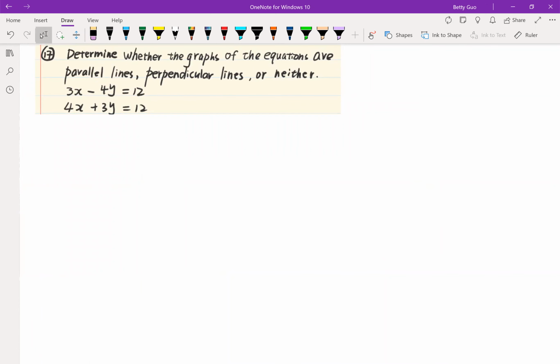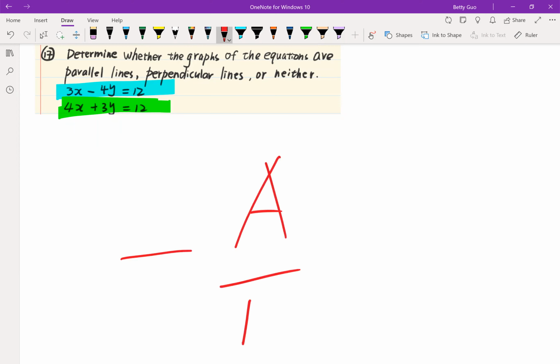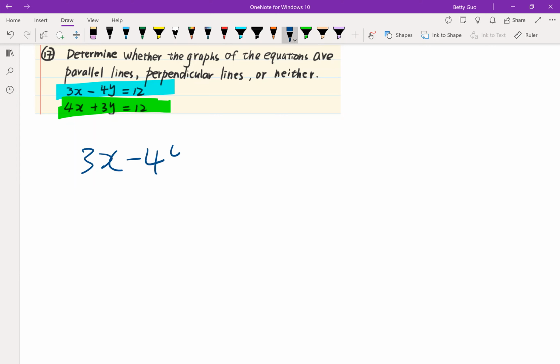Let's look at 17. We have 2 straight lines, blue and green. Are they both in standard form? Remember, if the equation is in standard form, we can use this formula to find the slope, right? Let's see the blue one: 3x minus 4y equals 12. Tell me what is A, what is B?